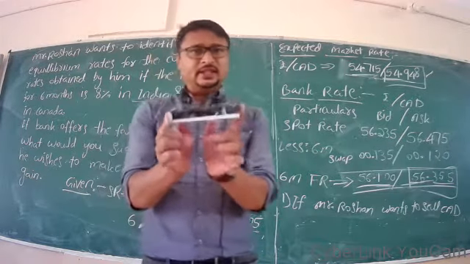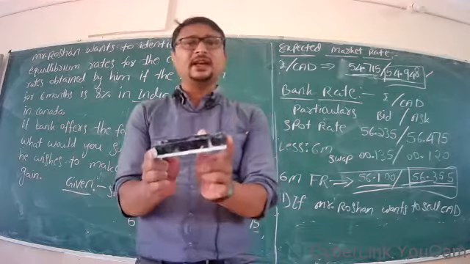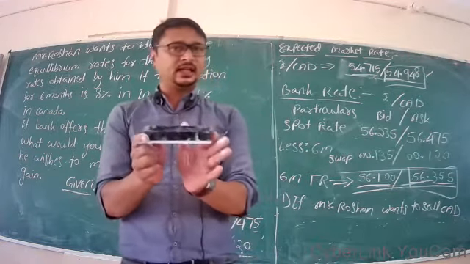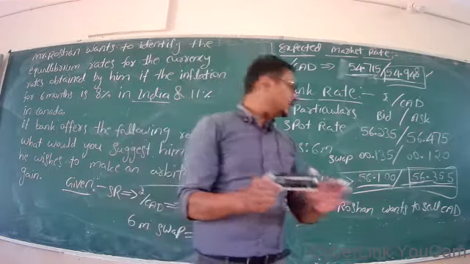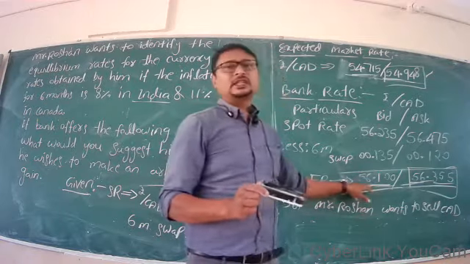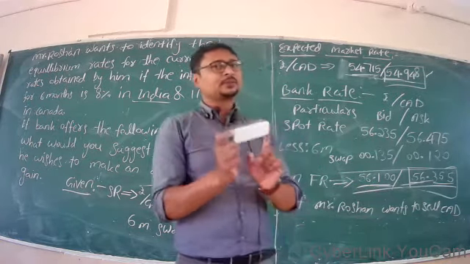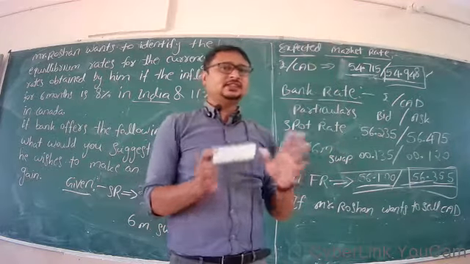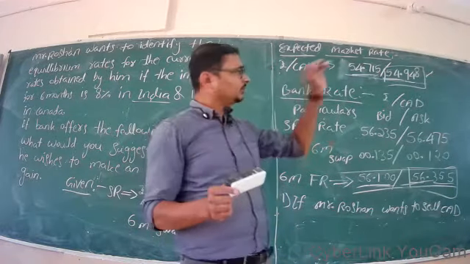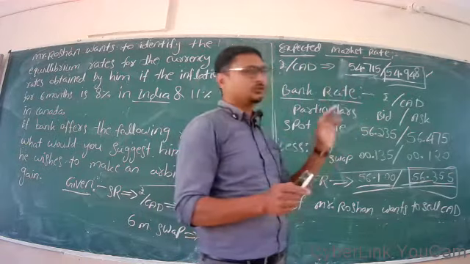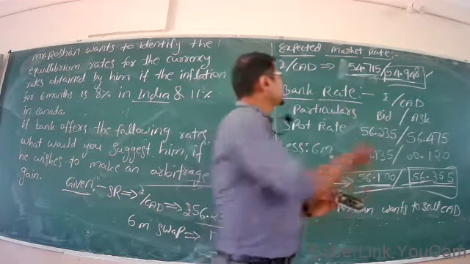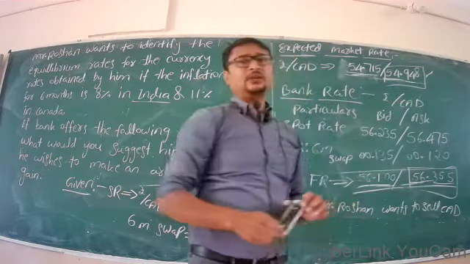If he is selling this Canadian dollar to the banker, to HSBC bank in our example, the bank will give him rupees 56.100 per Canadian dollar. If he sells the same unit of Canadian dollar in the open forex market, he gets 54.715.